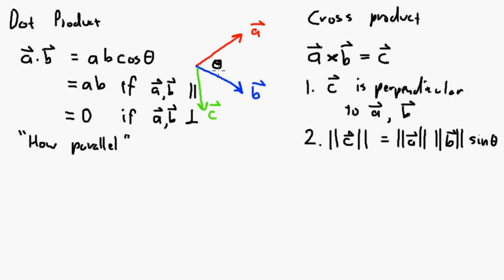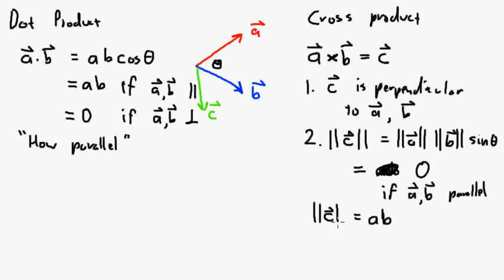And so if A and B are pointing in the same direction, then this is going to be just A times B times the sine of 0 degrees, which is 0. So it's going to equal 0 if A and B are parallel, and the magnitude of the cross product is going to equal the magnitude of A times the magnitude of B if A and B are perpendicular.